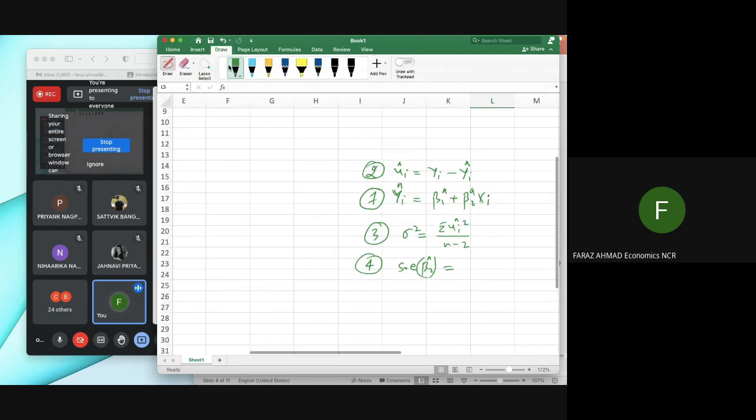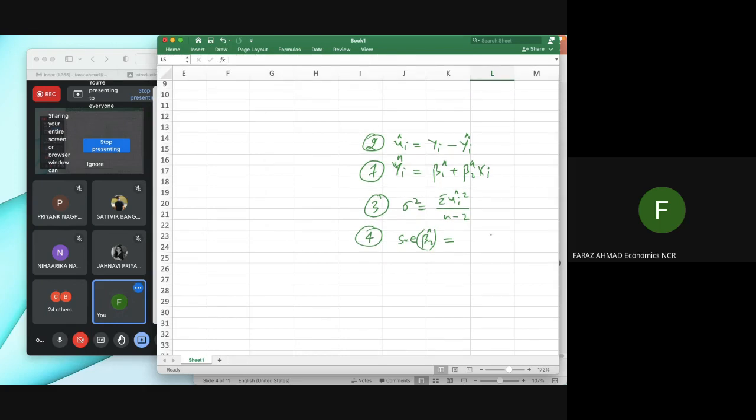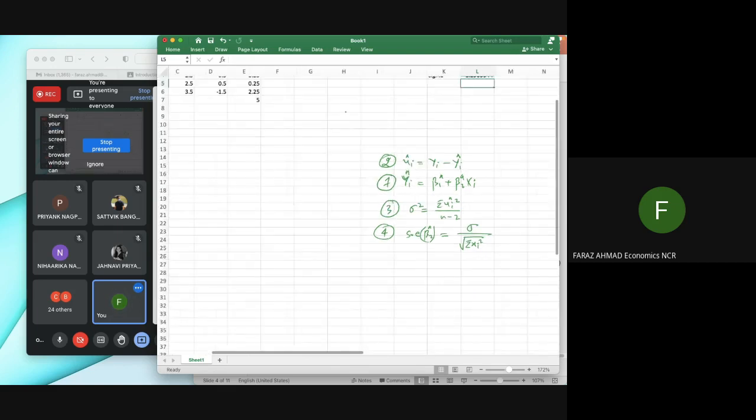Let me write the formula here. Sigma divided by square root of summation xi squared, right? Now I'll use this formula.